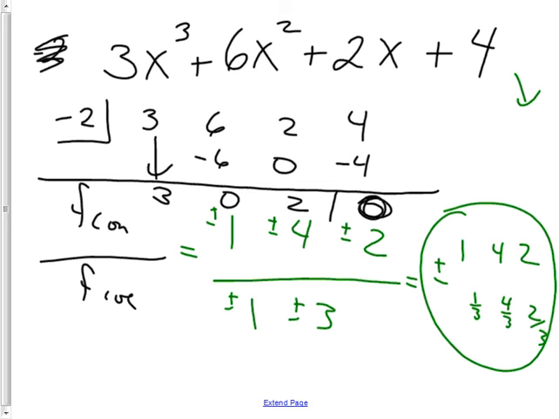Now, there are times when you can use your general factoring skills. Did anybody notice that this one could be factored by grouping? If you factor it by grouping, that can tell you what the factor was. All right, so we found it.